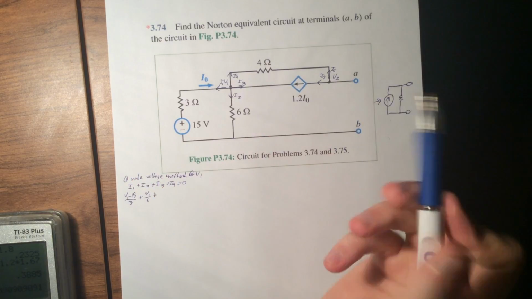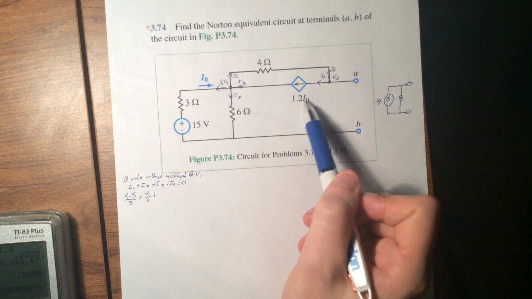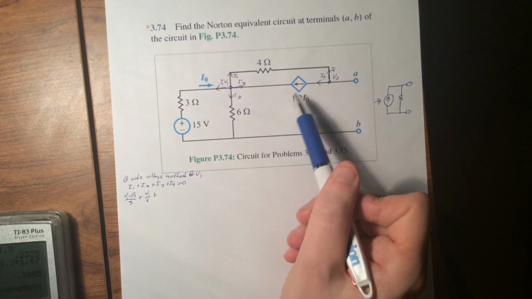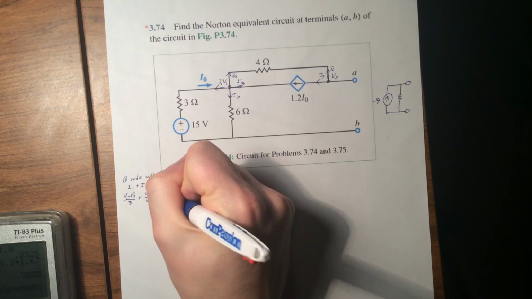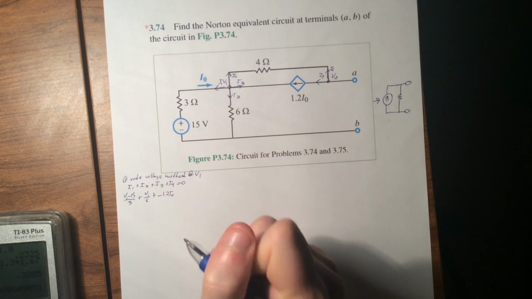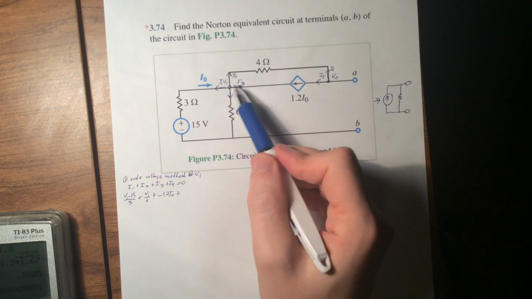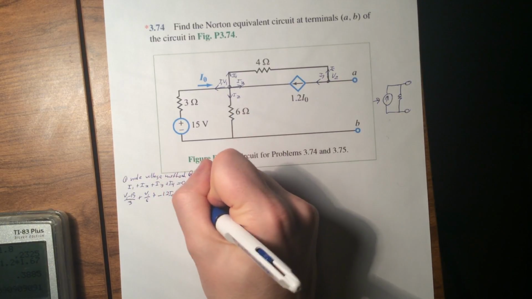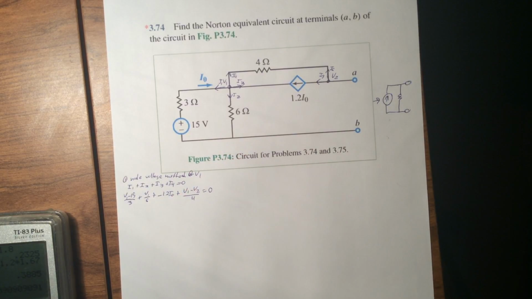Our I3 is the given dependent current source, in the wrong direction, so negative 1.2 I0, plus our I4, which is V1 minus V2 over 4, equals 0.